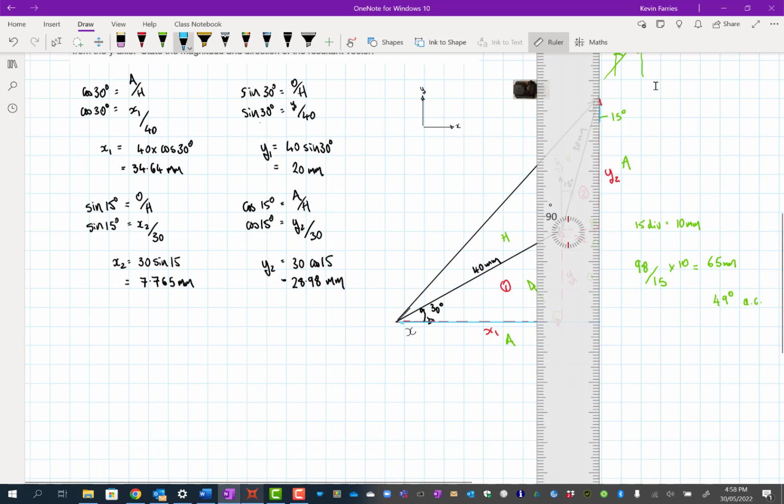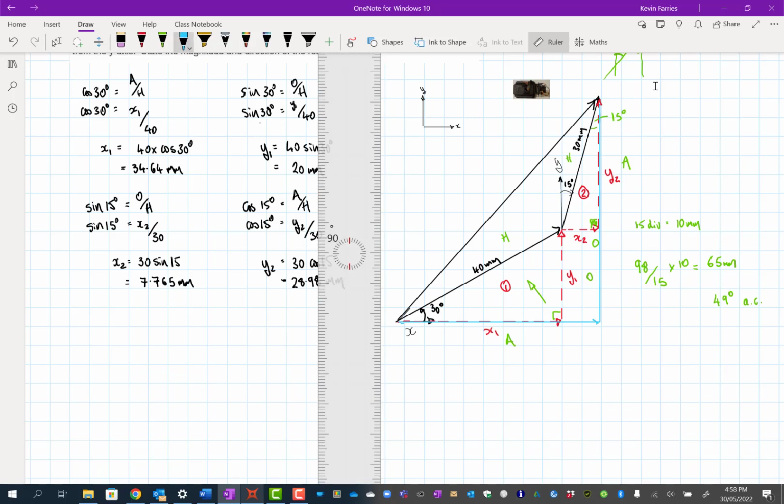You've got your y component through here. So we'll call this x total and y total. You can see that this x total is just this x1 plus this x2, and your y total is just this y1 plus this y2.